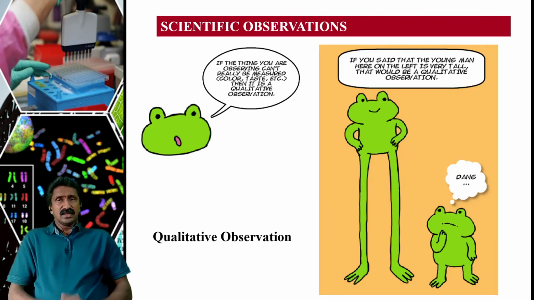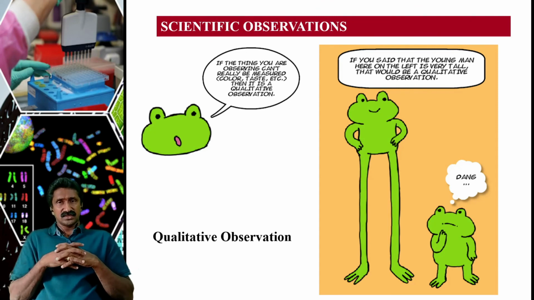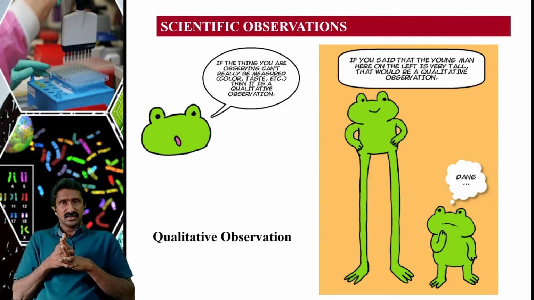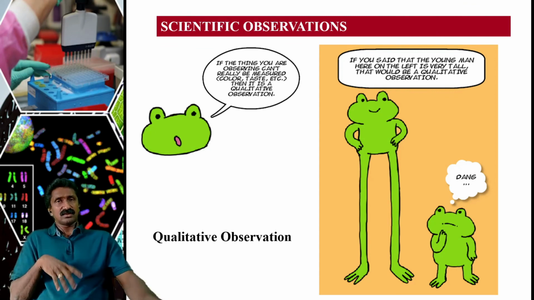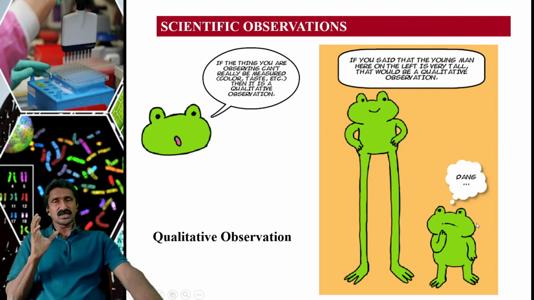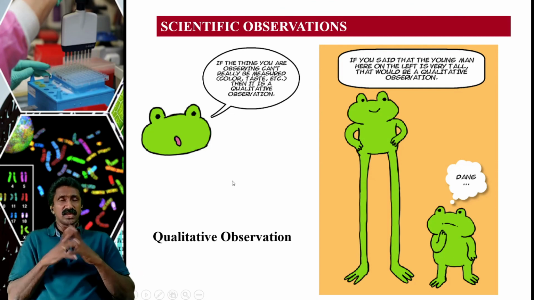And if the thing you are observing cannot really be measured, like color, taste, etc., then it is a qualitative observation. Okay. So if you said that the young man here on the left is very small, that would be a qualitative observation. Or this one is tall and this one is small or a dwarf. That type of observation is a qualitative observation, which cannot be numerically explained.